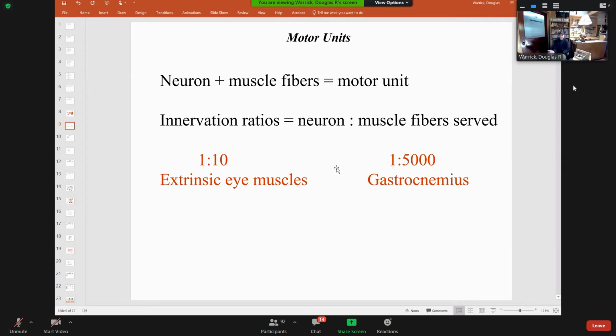So here they are doing their thing, and at any given moment, the minimum force they would need to produce is always quite large. So why not have 1 neuron turn on 5,000 muscle fibers? Might as well. You're always going to need at least 5,000, so what the hell?